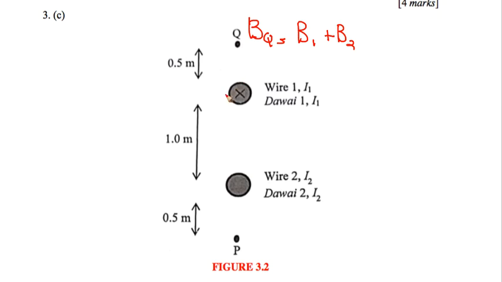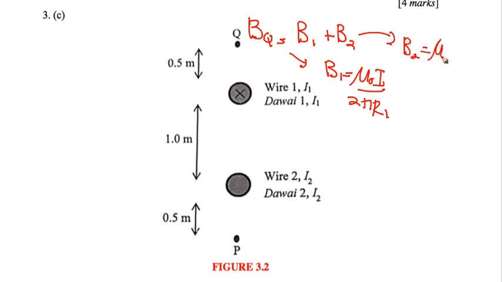B1 from wire 1 is equal to μ0 I1 divided by 2πR1, where R1 is 0.5, the distance from wire 1 to the point Q. B2 is the same equation, μ0 I2 divided by 2πR2, where the distance from wire 2 to Q is 1 plus 0.5 meter.